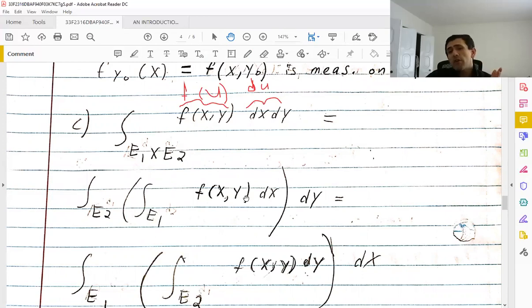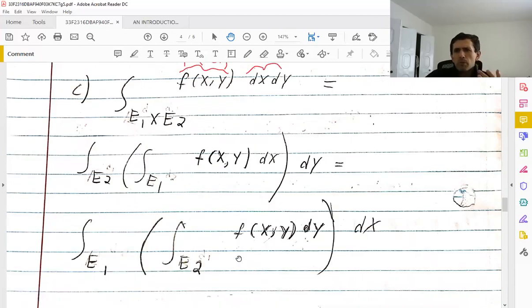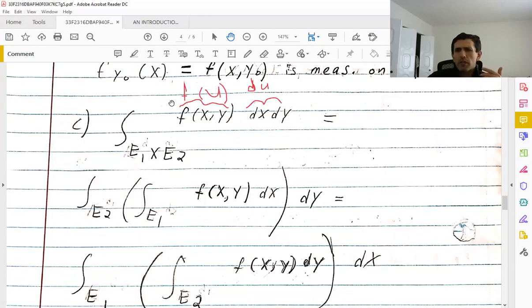And I should say this integral makes sense for almost every y, this is measurable, and for almost every x, this is integrable. So particularly these two integrals make sense, and they're going to be equal to this.